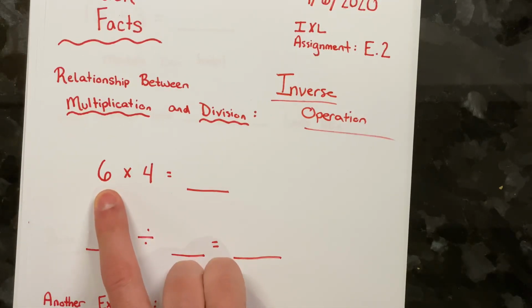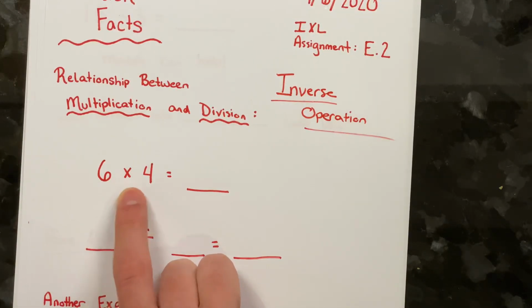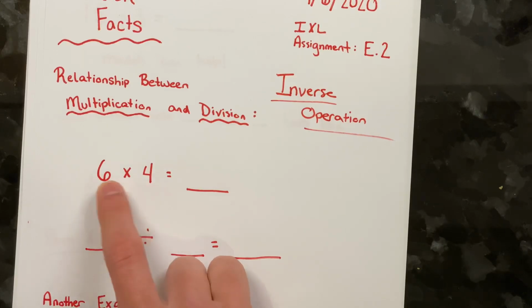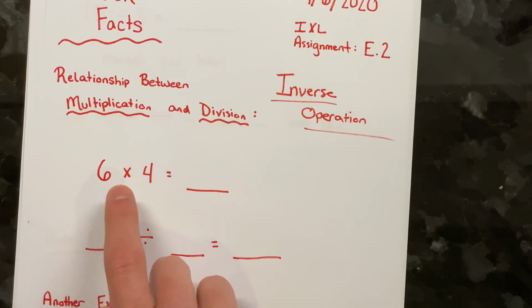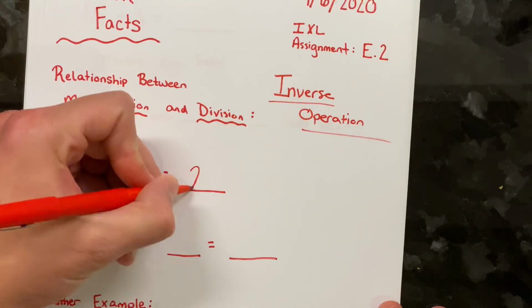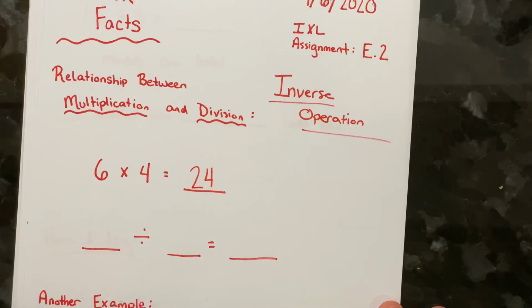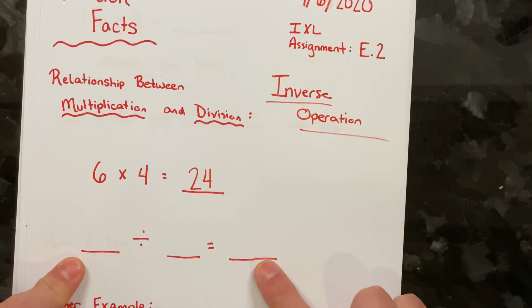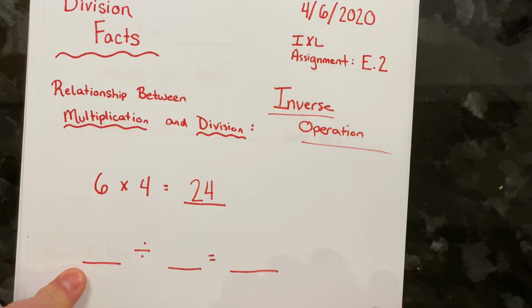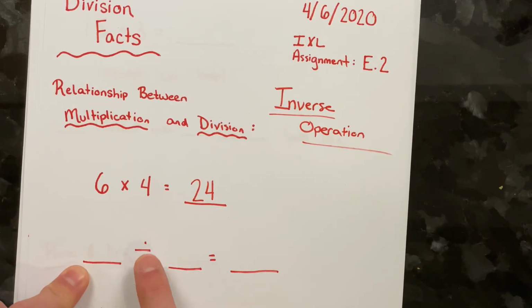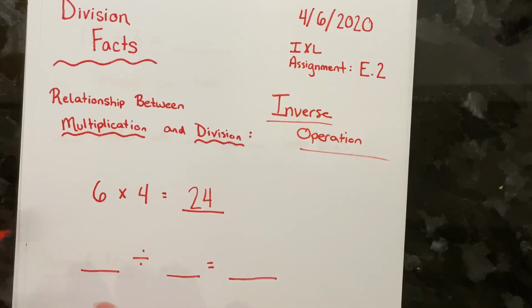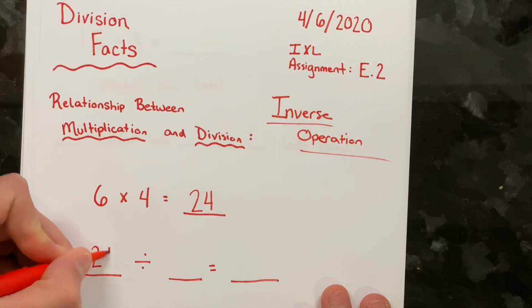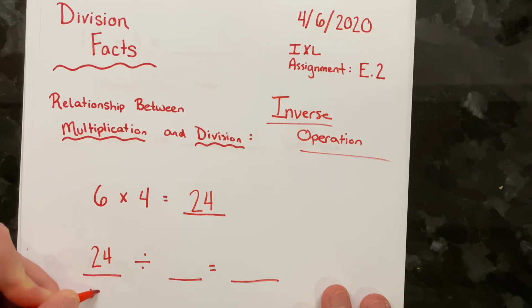Going back to a basic fact, I can look at this problem, which is 6 times 4, and recognize, hey, 6 times 4, or 6 groups of 4, is 24. But notice down here, I've got these blanks strategically with a division symbol, okay? Let's pretend I've got 24, let's say jelly beans.